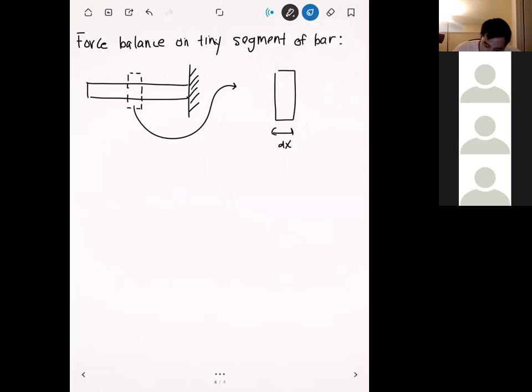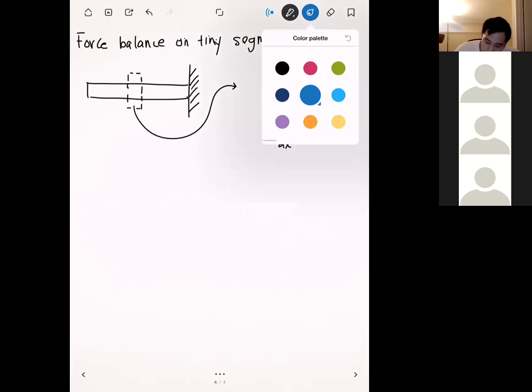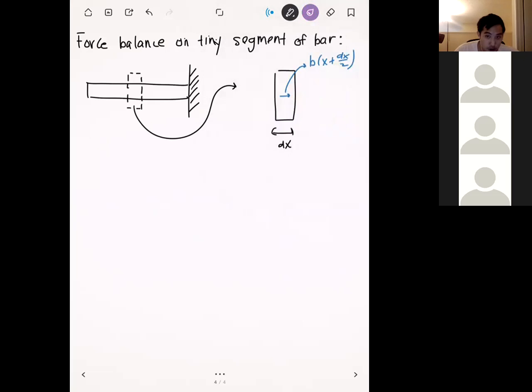And it also is exposed to some forces. On the one hand, we have the body force. And we also have the normal forces: a normal force like this and a normal force like that, and we'll assume that they take those directions.